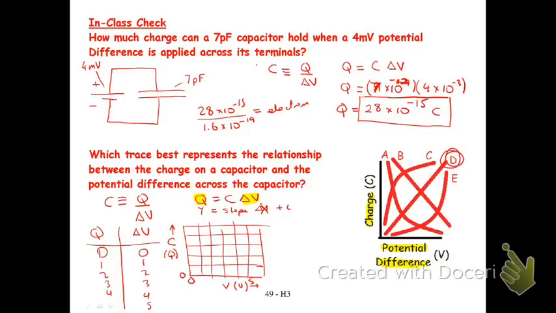I got 0 to 5 on the charge. And when one was 0, the other was 0, and 1 was 1, 2 went with 2, and 3 went with 3, and 4 went with 4. So the immediate skill is, if I give you that pattern, can you recognize which one it is? Is it A, is it B, is it C, is it D, or is it E?